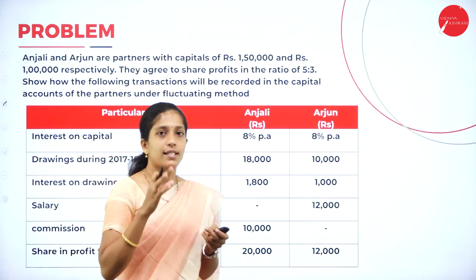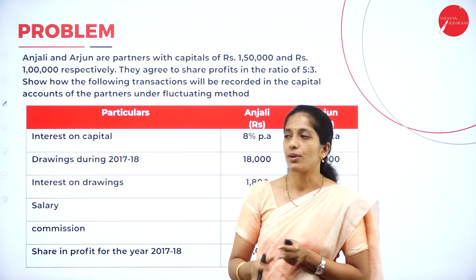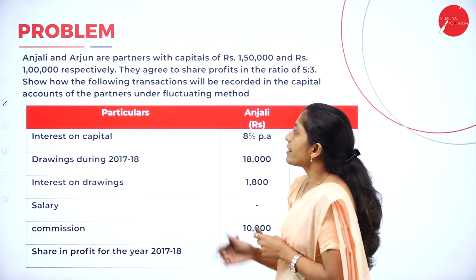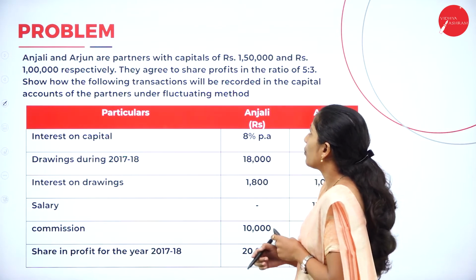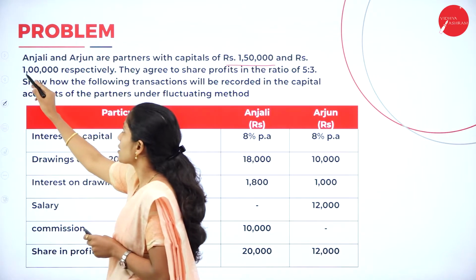Now we shall go through a simple problem so that you can clearly understand how to record and where to record. Anjali and Arjun are partners with capital of rupees 1,50,000 and rupees 1 lakh respectively.